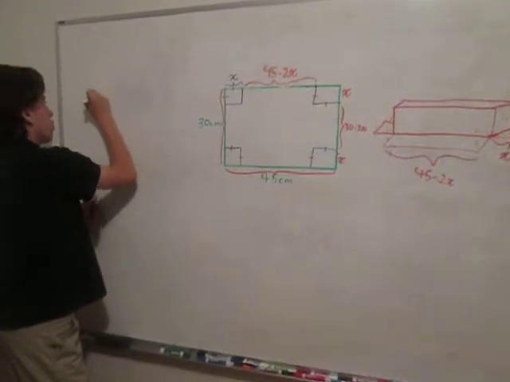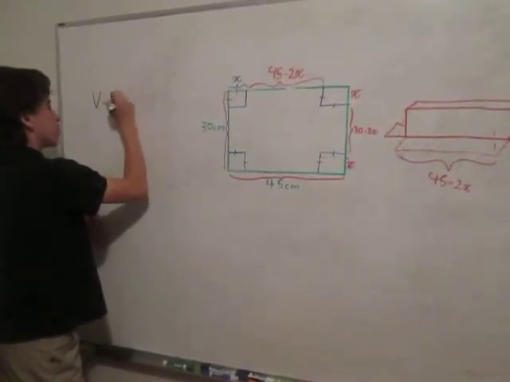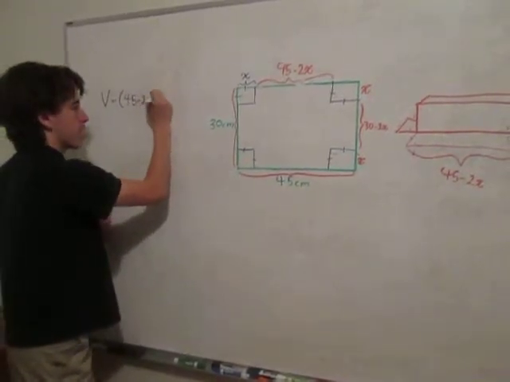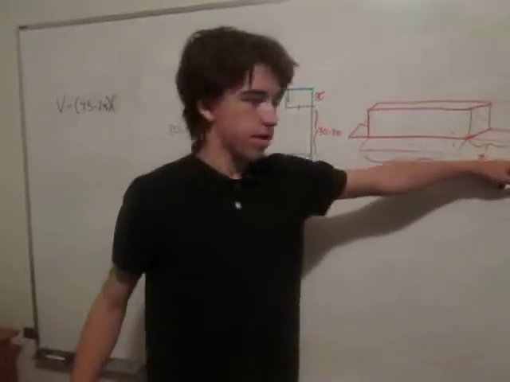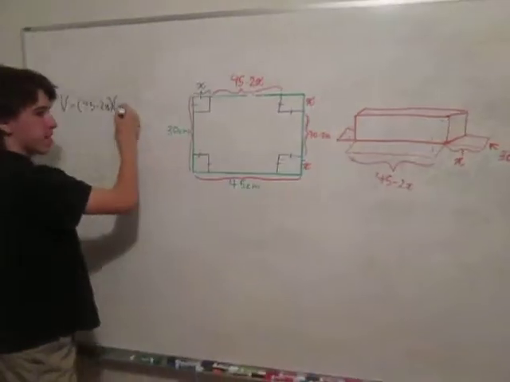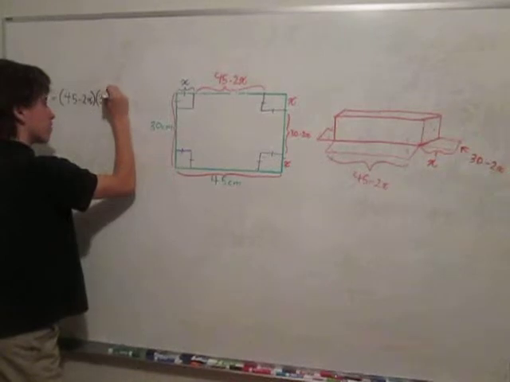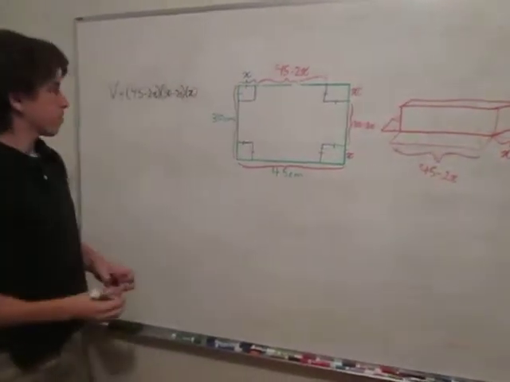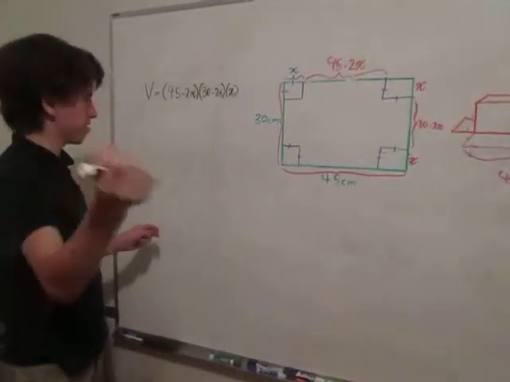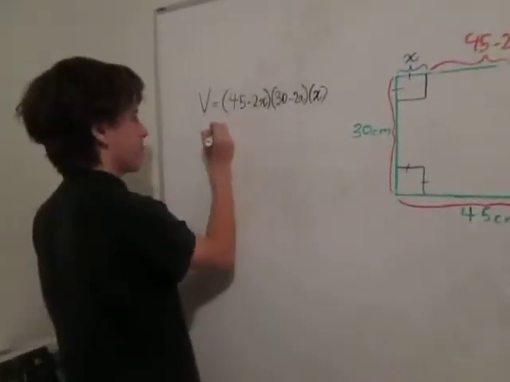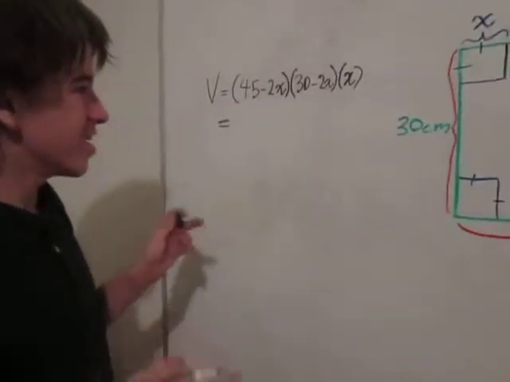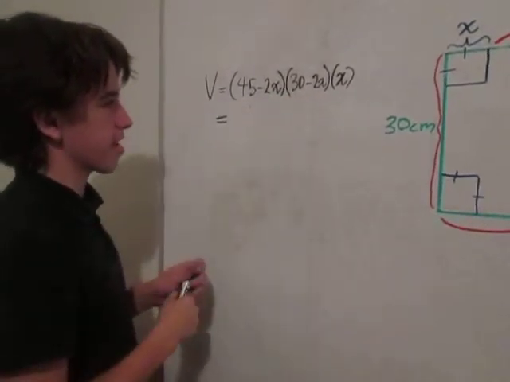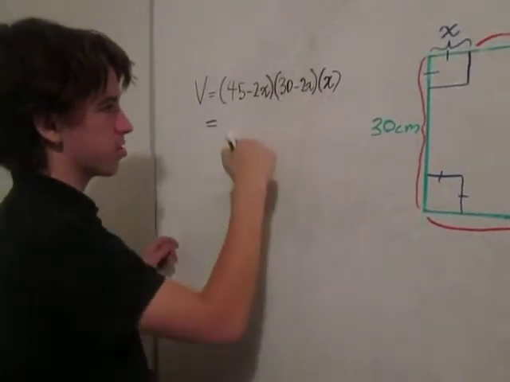So our volume is equal to 45 minus 2x times 30 minus 2x, our width, and then times x, our height. Right? And we can simplify all of this, which is a little bit tricky. So let's just shoot the x's in first.